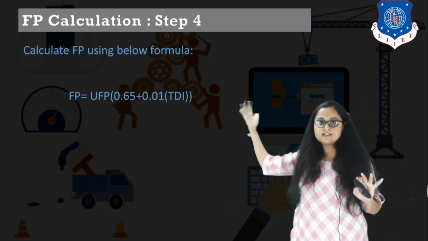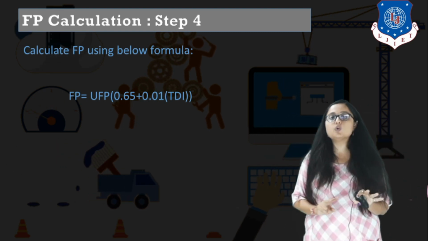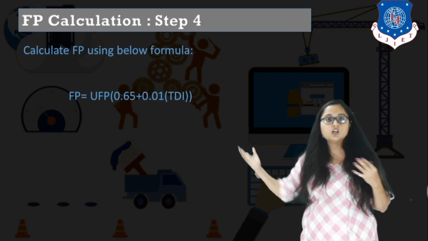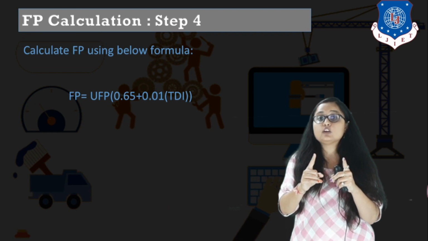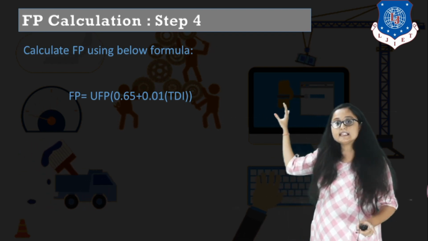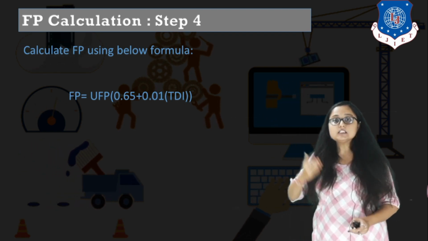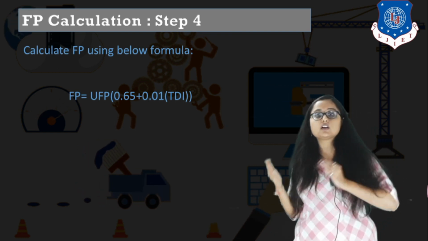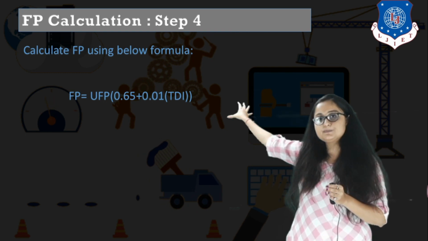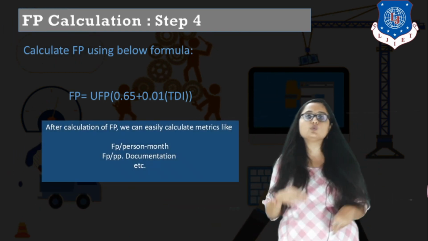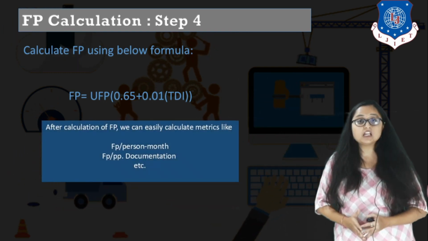The first is UFP, the unadjusted function point, that we have already calculated in step 2, and the next is TDI, the total degree of influence, that we have already calculated in step 3, right? Substitute those values in this formula and you will get the function point FP.